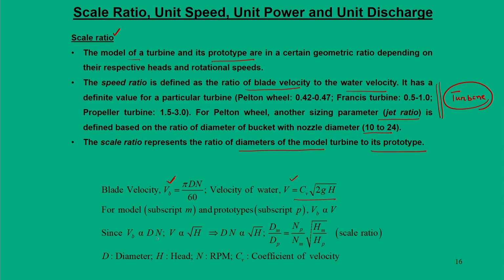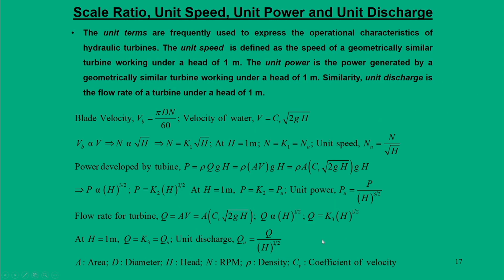These two expressions say that VB is proportional to DN and V is proportional to square root of H. So, looking at the similarity rule, we can write DN is proportional to the square root of H. Considering this, we can find the expression of the ratio called the scale ratio, that is diameter of the model to the diameter of the prototype, which is proportional to the speed ratio for the prototype and the model as well as square root of H of model and the prototype.